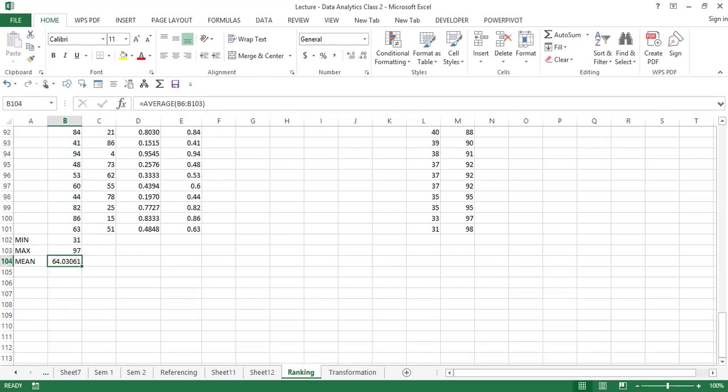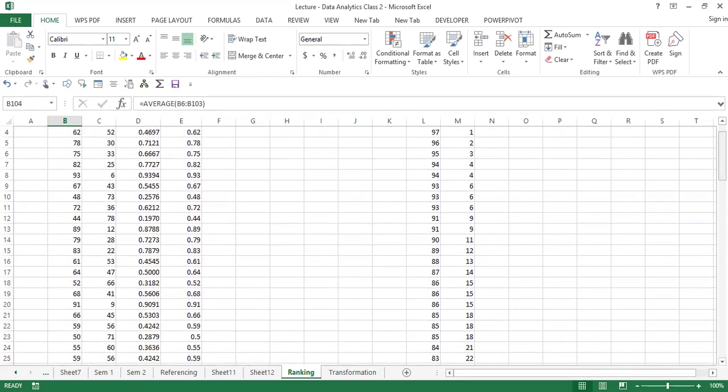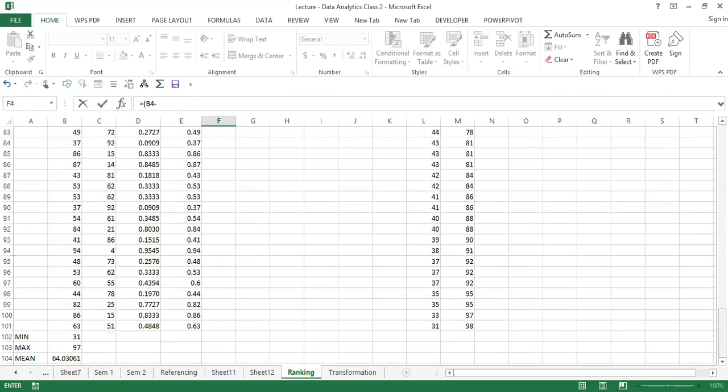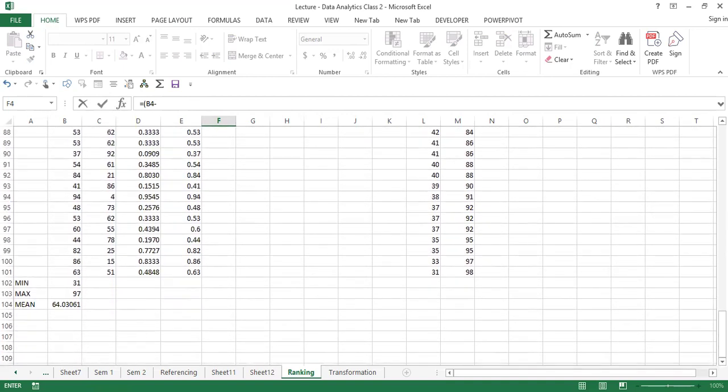We need to use it for this transformation. For this transformation, z is equal to x, which is the number, minus the mean, all over what?